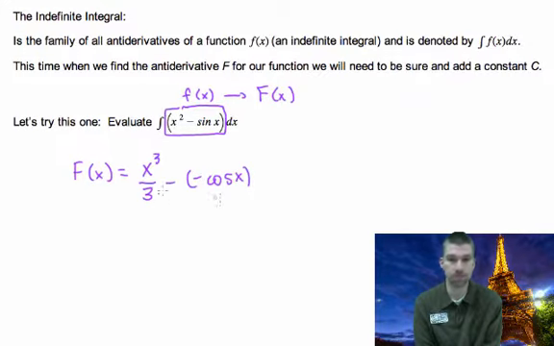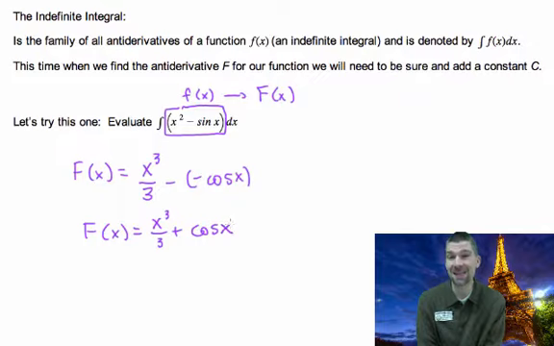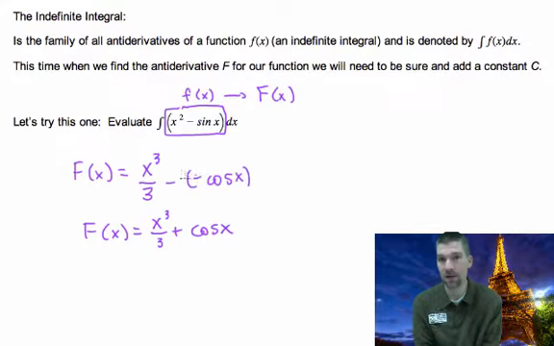Well, what does this mean? It means that the starter function, the function we took the derivative of, would be x cubed over 3 plus cosine x, because we can distribute that negative, plus any constant that could possibly show up at any point during the whole process.